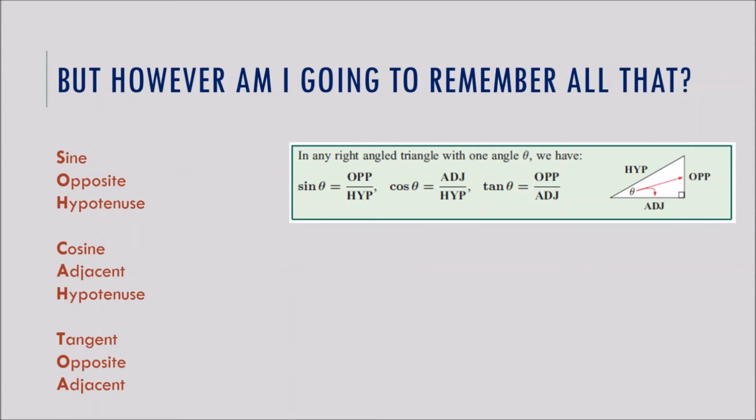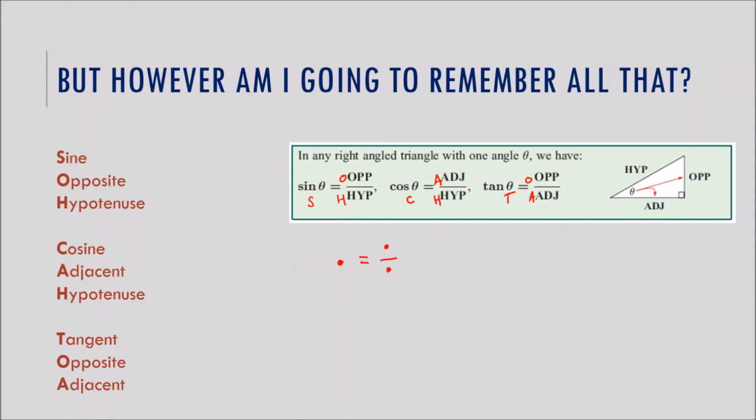In all of them you have SOH, then CAH, and then TOA. So in every one, it's first letter equal to second letter over your third letter.